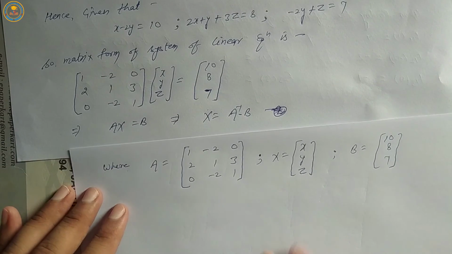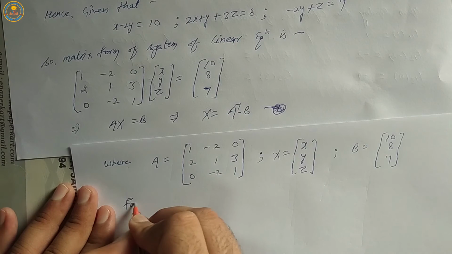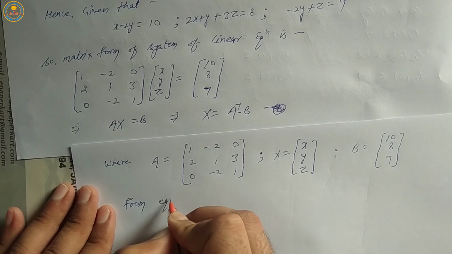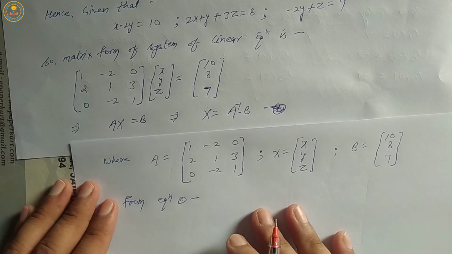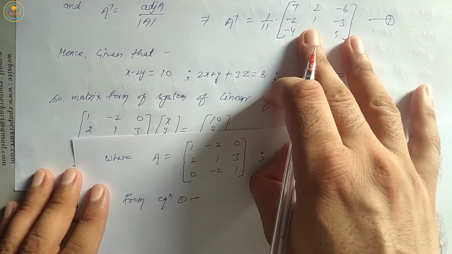Okay, from equation first, A inverse is equal to 1 upon 11 into the matrix.